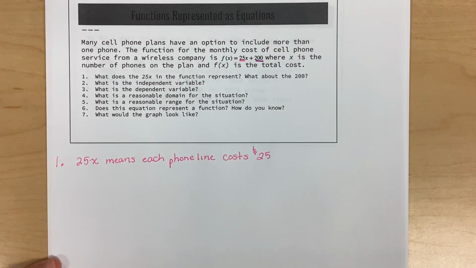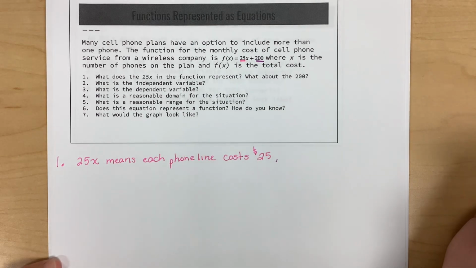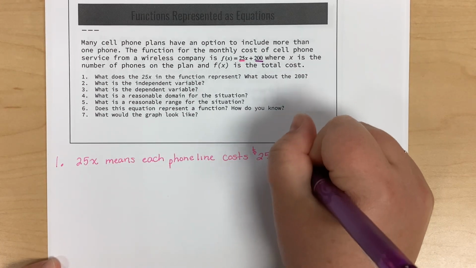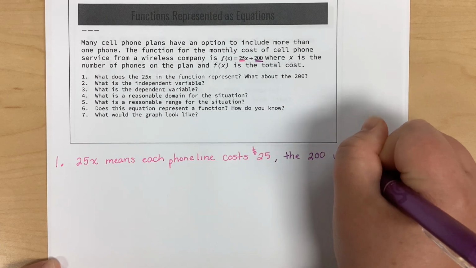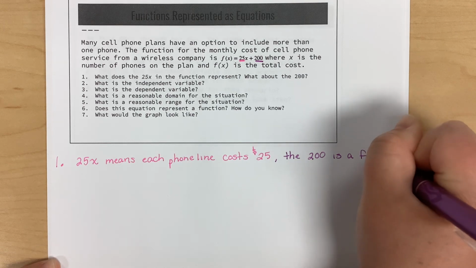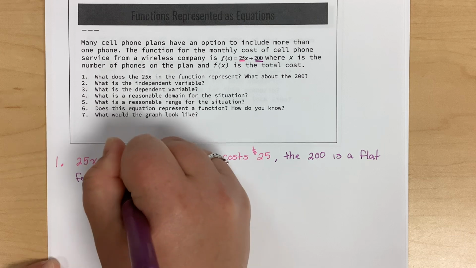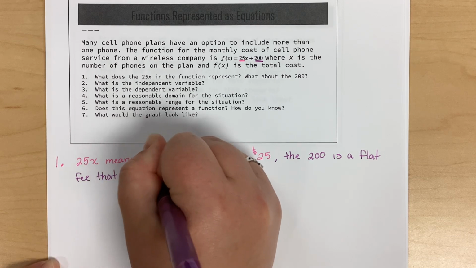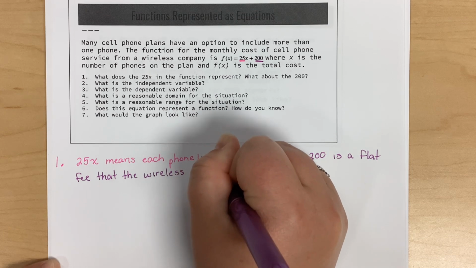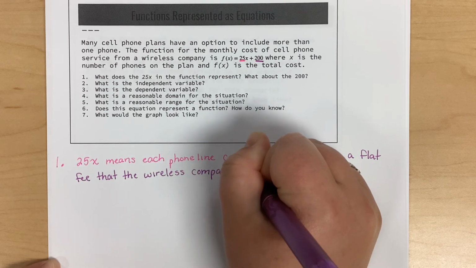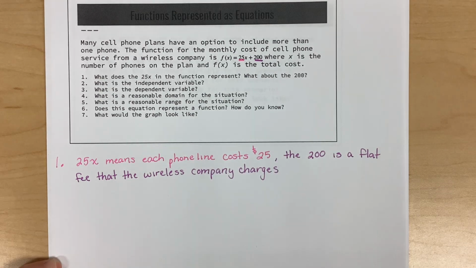So that must mean that that is some sort of flat rate that the company has. So I'm just going to add that on here. The 200 is a flat fee or flat rate that the wireless company charges. All right, that's number 1.